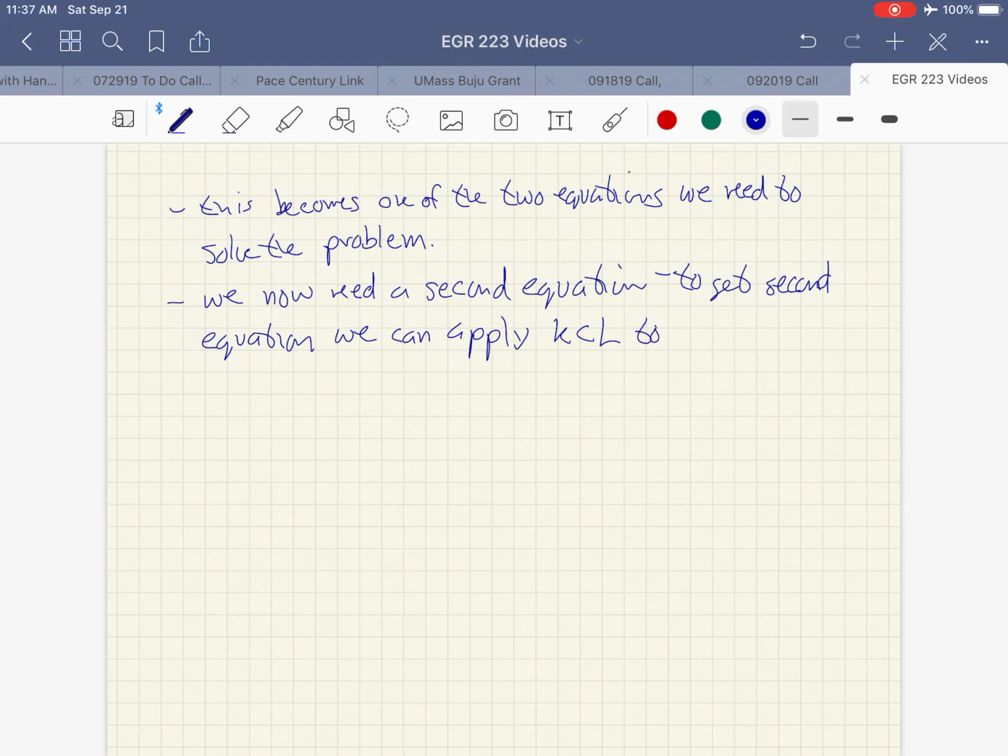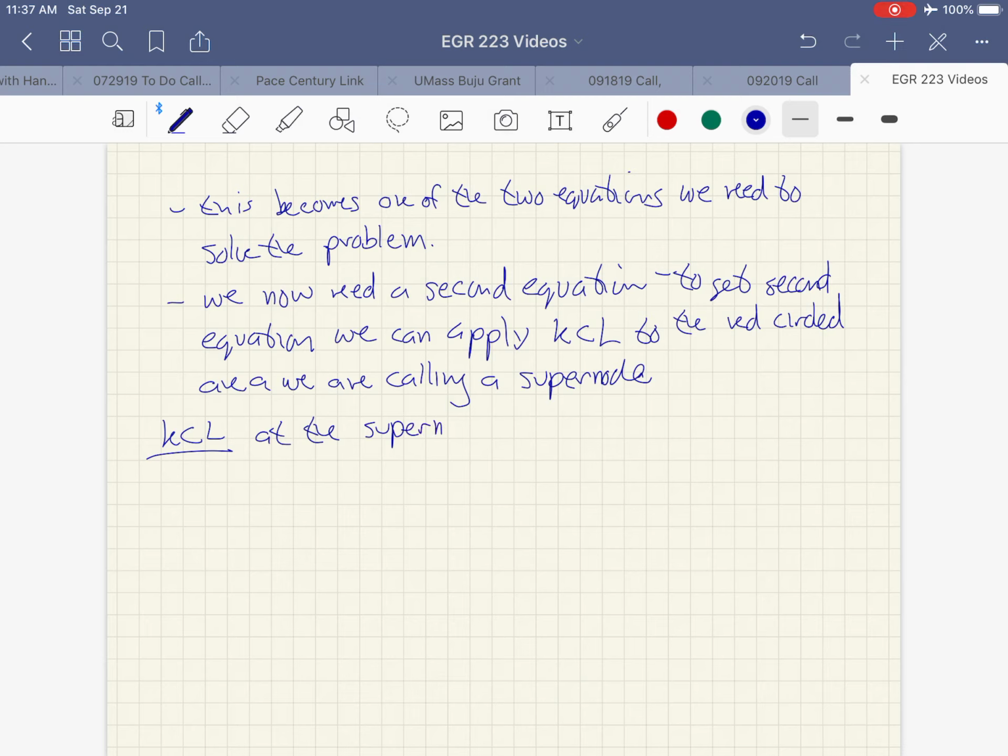So let's just say to the red circled area we are calling the supernode. If we go to KCL, Kirchhoff's current law, the sum of all currents going in and out of a node is 0. So KCL at the supernode, and remember that supernode is the whole blob, everything that's circled in red.